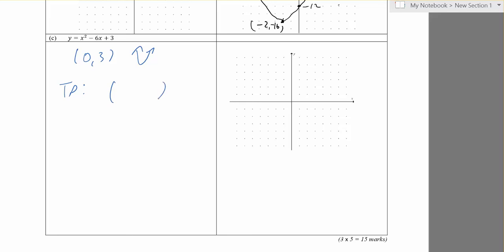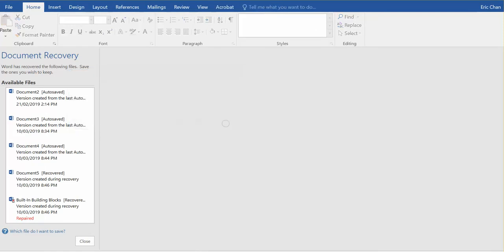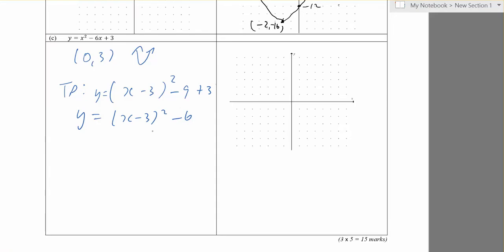So x minus 3, minus 9 plus 3. So that becomes x minus 3 squared minus 6. So TP is at positive 3, -6.